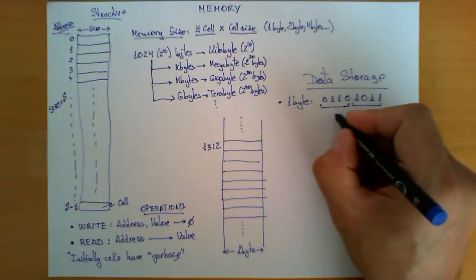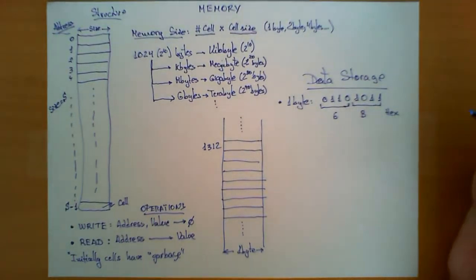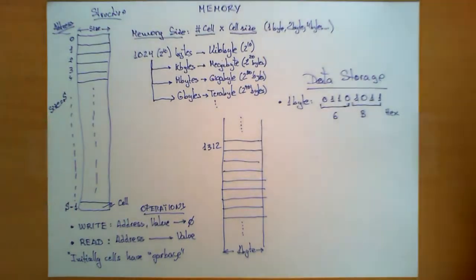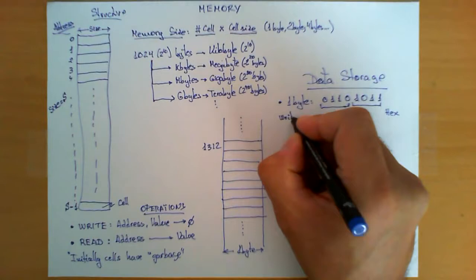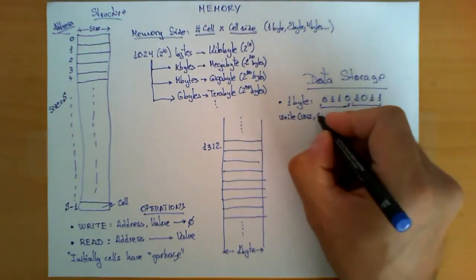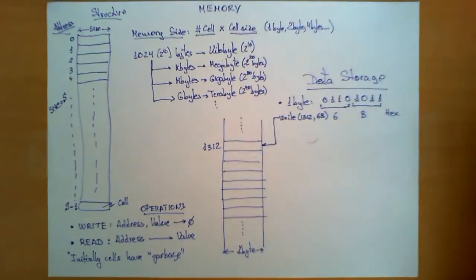This is a 6 and this is a B. This notation is typically used when we refer to how data is stored in memory. And typically, if I execute the operation write 1312, 6B, this translates into the following action.